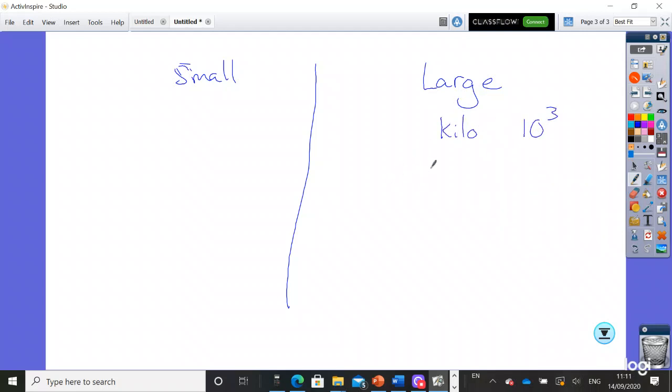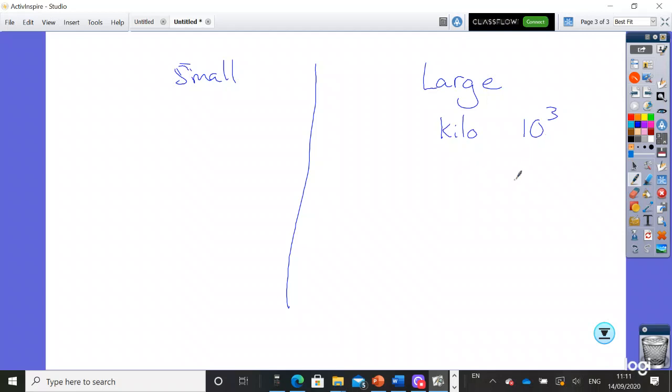Okay, so first of all, there's the small, and then there's the large part you need to remember. So you've got kilo, and that's 10 to the power of 3. And then what's the next one up? Because we only like to deal with units that are in orders of 3.